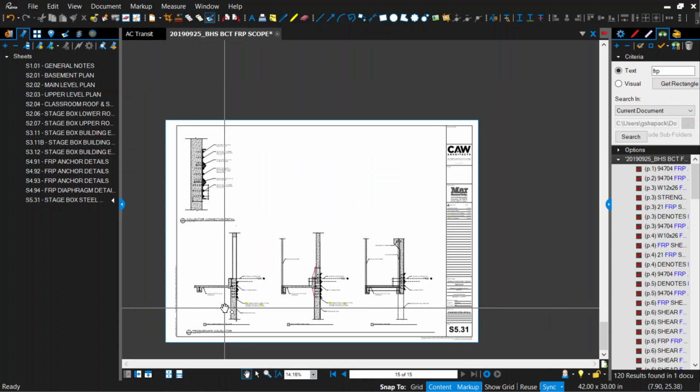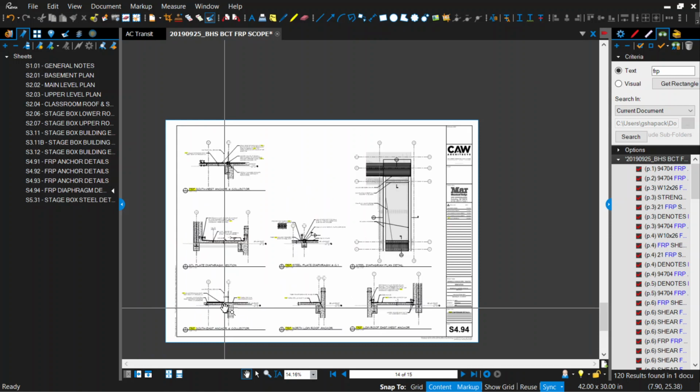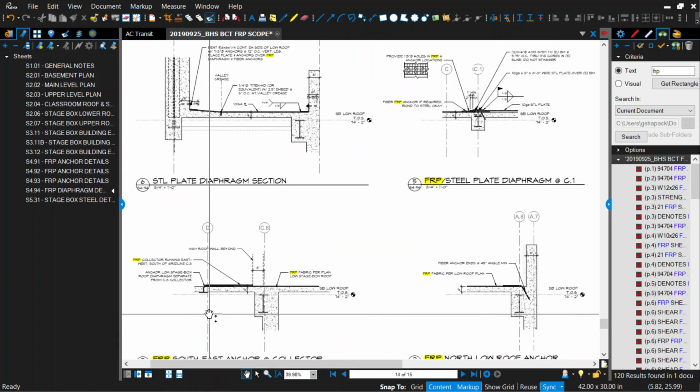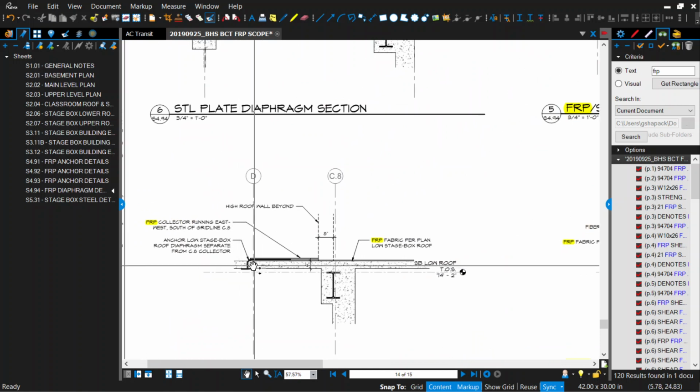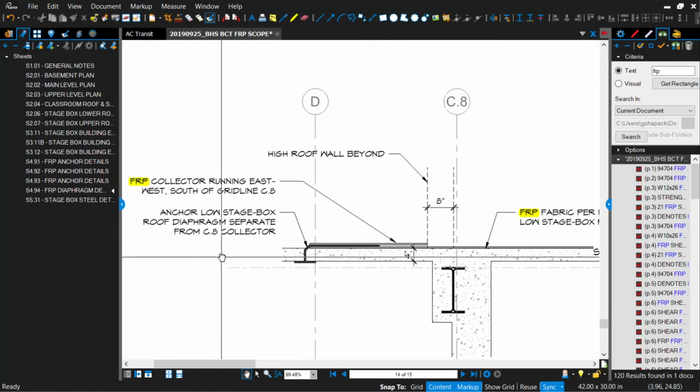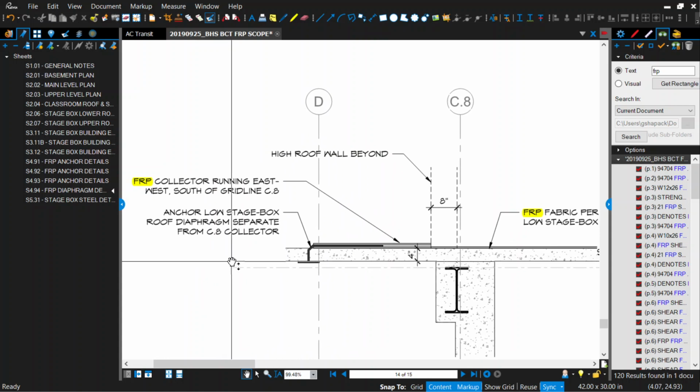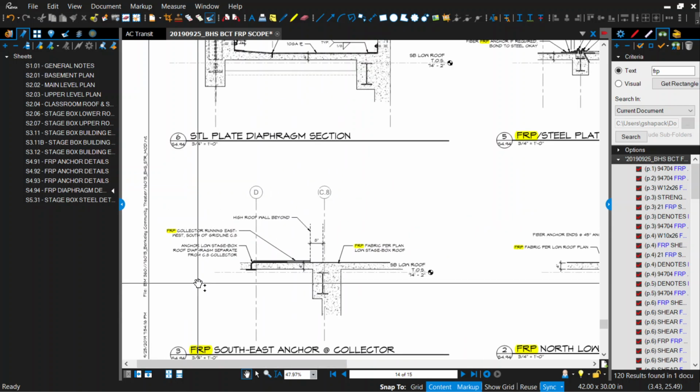Same thing. Very confusing. But yeah, in this case, the engineer put a lot of FRP detail on the drawings, and that's pretty rare. Usually there's very little detail, and they'll just draw a line on the plan and say collector 100 kips or something.